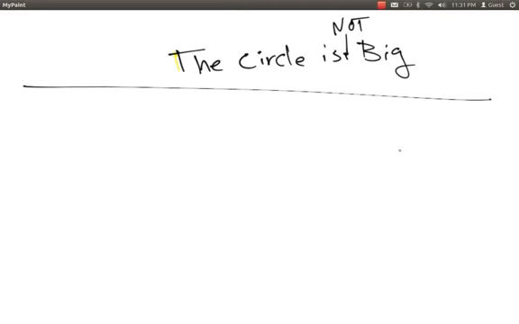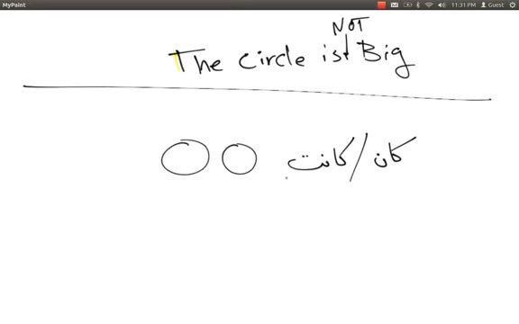and we said that to do that we would use the word kana or its feminine form kanat, and we will put this in front of the sentence that we have. Also, we said when these words are put in front of the sentence, something has to change in alamat al-tashkil.